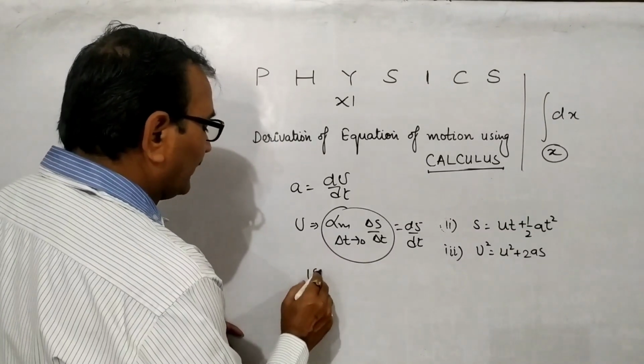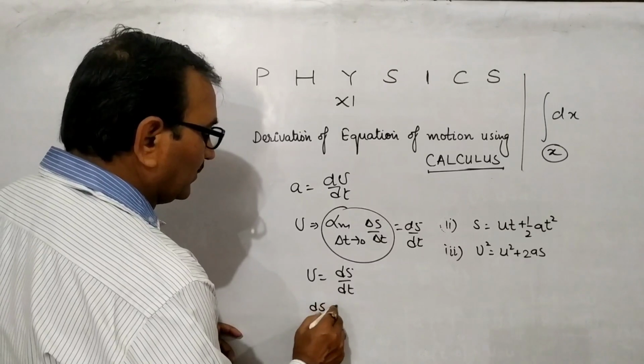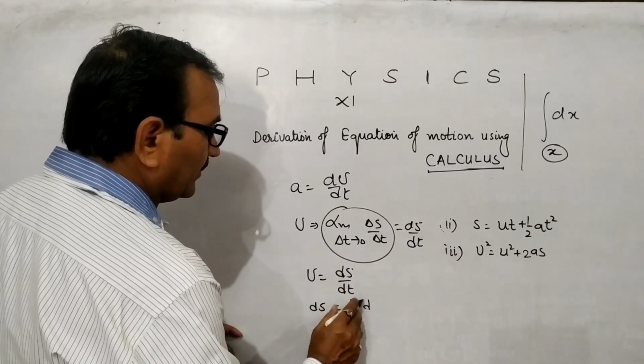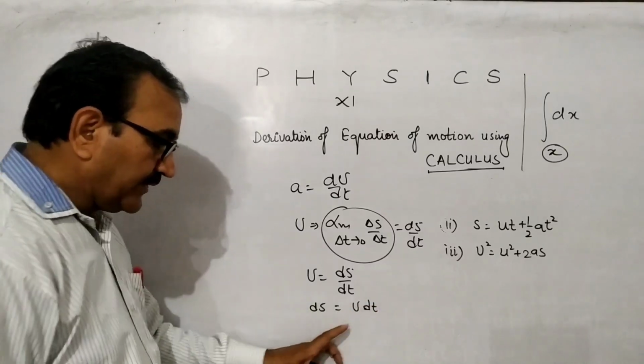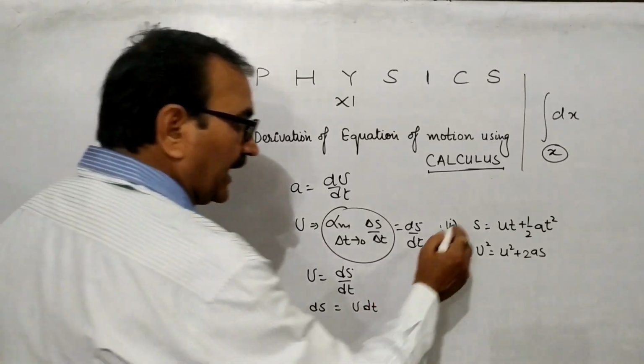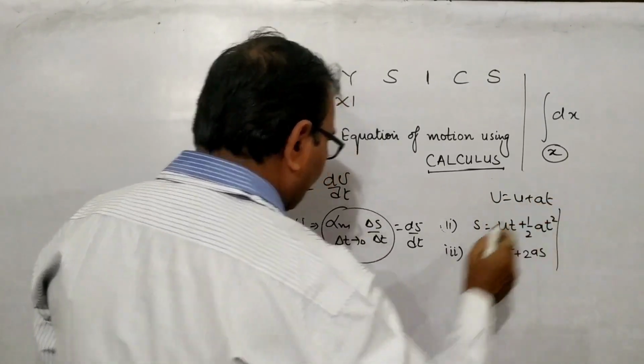So you can write v is equal to ds upon dt. So ds is equal to v into dt. Here v is the final velocity, and we have the formula already: v is equal to u plus at.